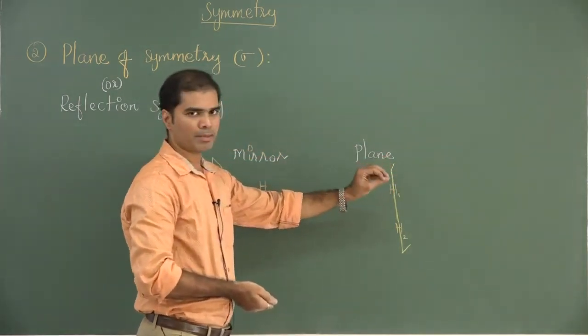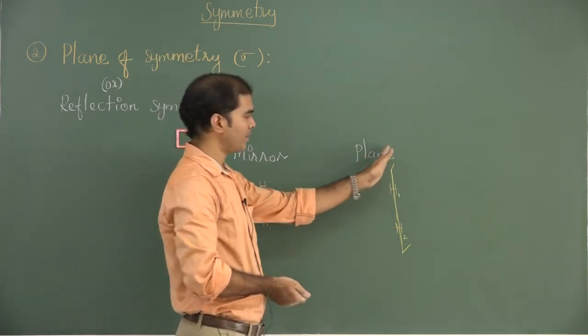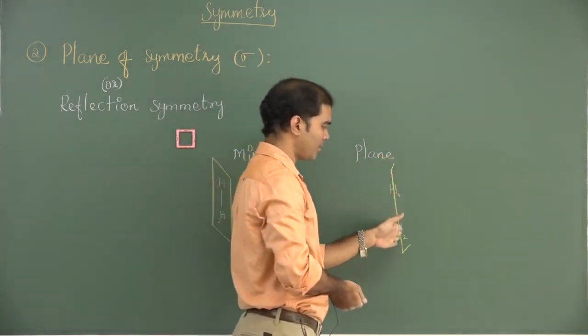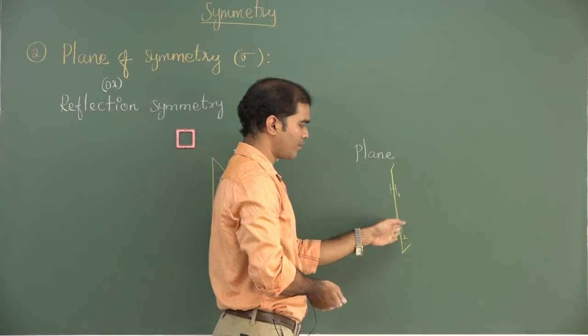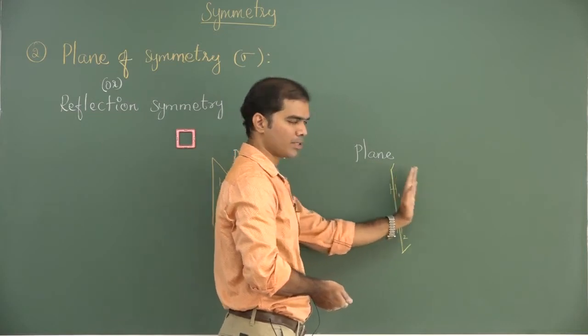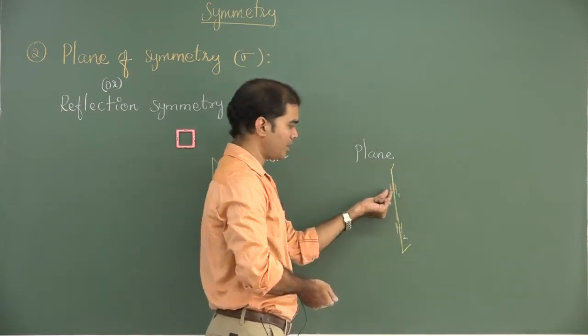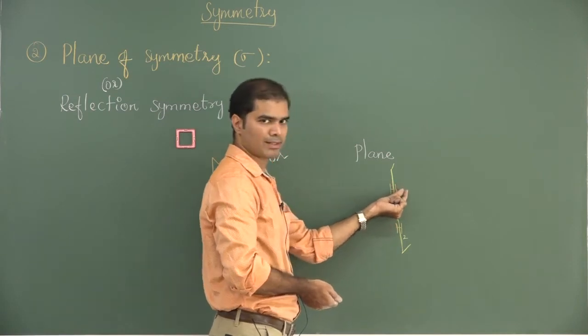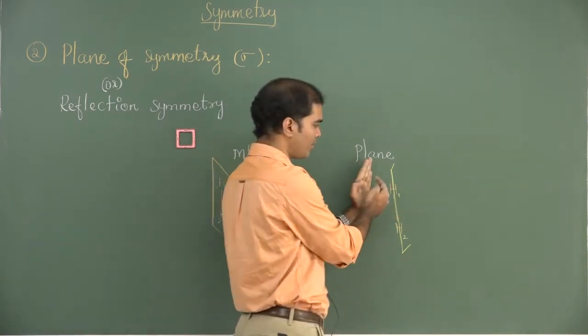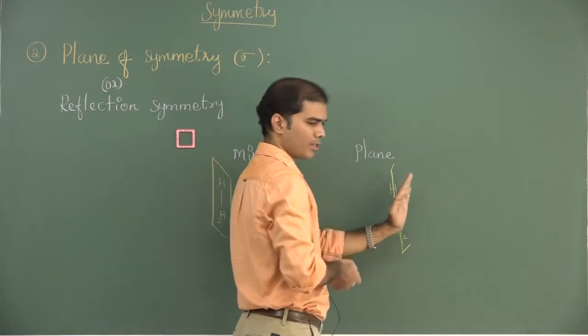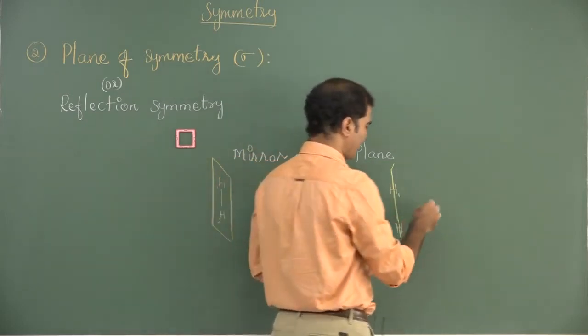The plane is purely imaginary, it is a symmetry element, and as it passes through the molecule from the center of gravity, it will bisect the molecule into symmetrical halves, where each half is a mirror image of the other and one half will reflect into the other half. So what will be the resultant finally?